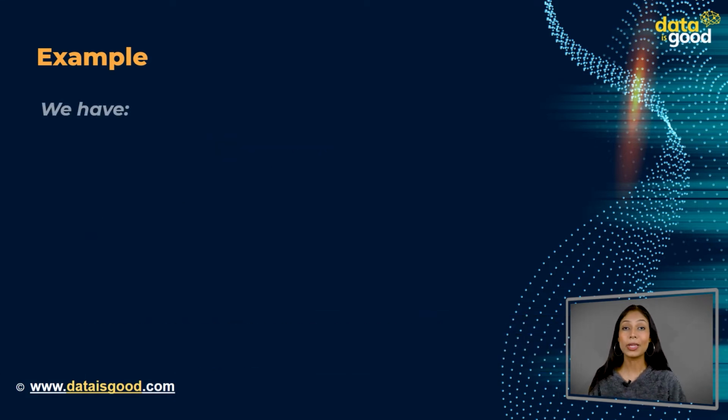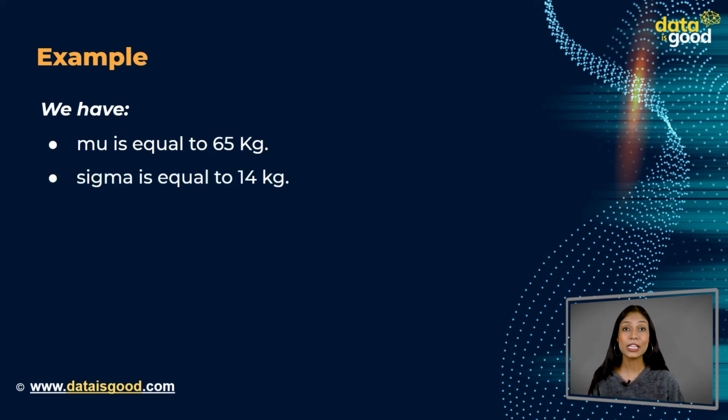In this problem, we have the mean of the population, that is mu, equal to 65 kgs. The standard deviation of the population, that is sigma, is equal to 14 kg. And the sample size, that is n, is equal to 50.